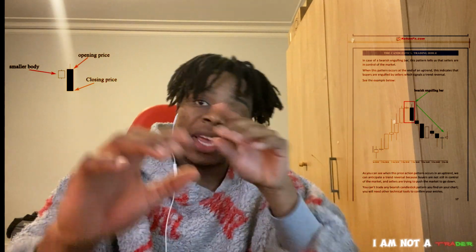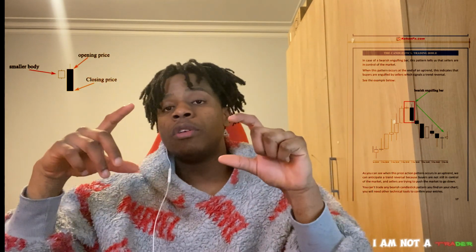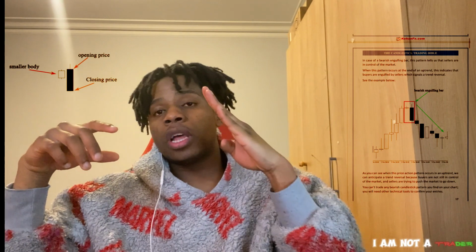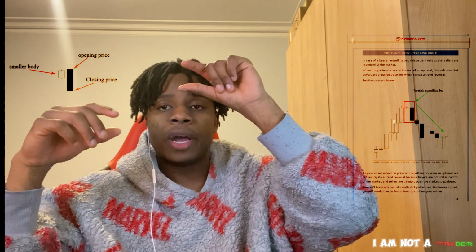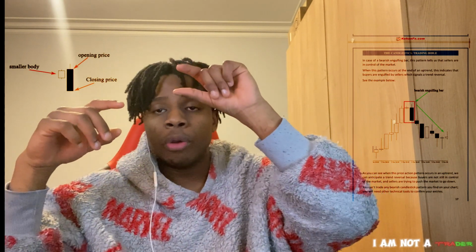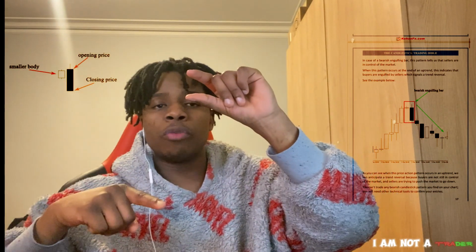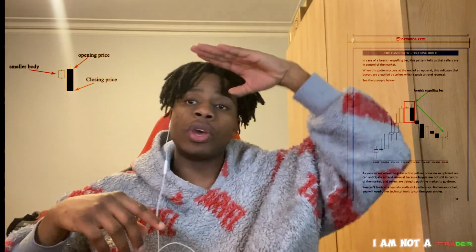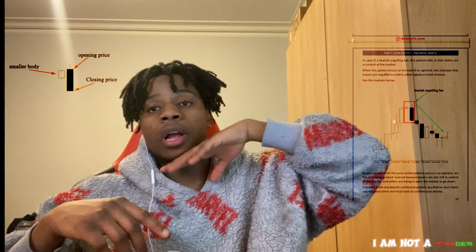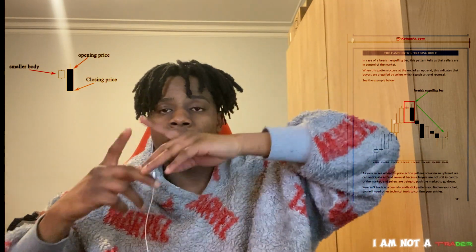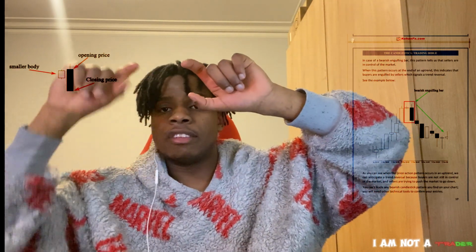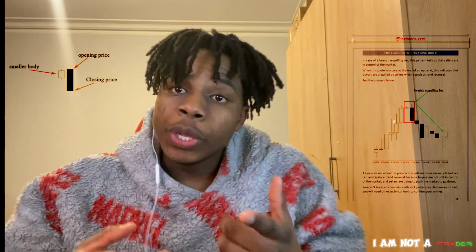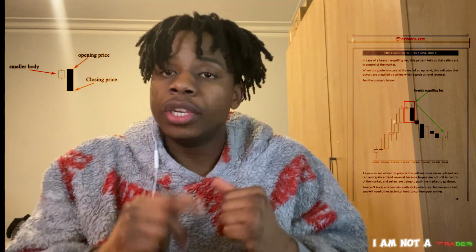Meaning the market can reverse at that point, because the buyers were taking it up, and then you see a small bullish body, and then a long bearish body. Then you know that it appears we're at the top of the uptrend, meaning the market is going down, because the bigger candle has engulfed the smaller candle. You dig? D-I-G, not the other word.